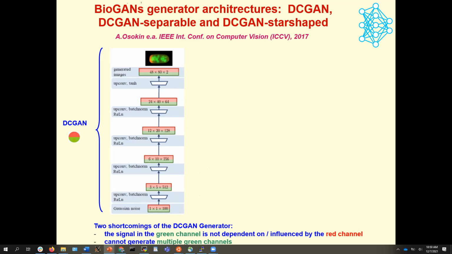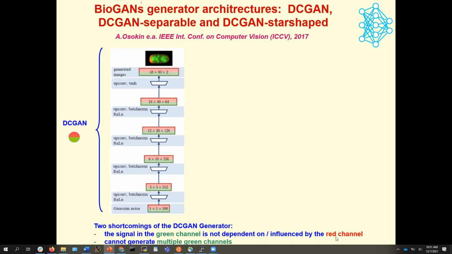There is no interdependency between these two. But what we ideally would like to do is to make the green channel dependent on the red channel, because it is the red channel that determines the stage of the cell growth cycle. And if green is dependent on the red, then the green will come at the same stage of the cell growth cycle as the red channel.